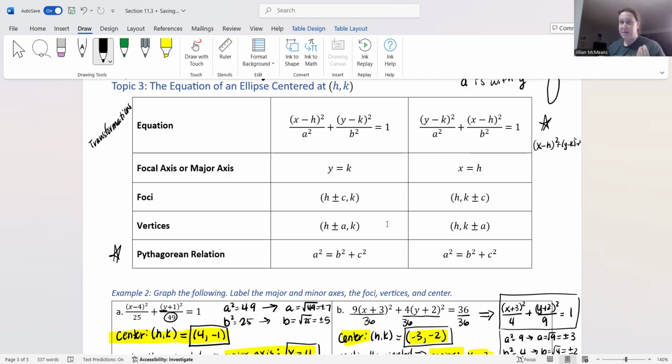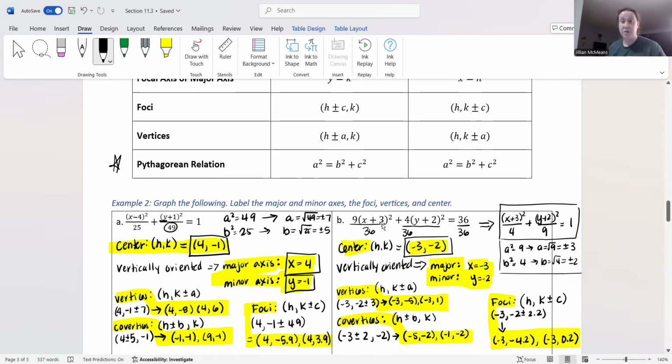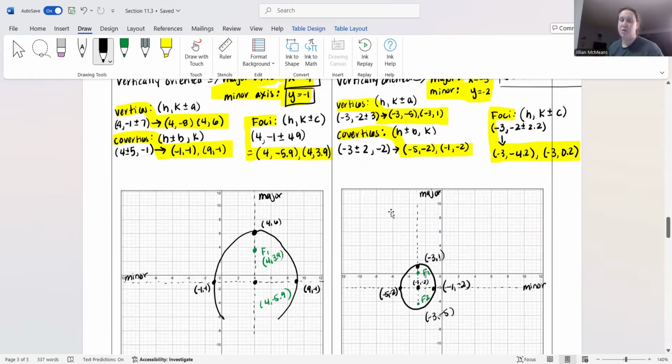So when you see this (x minus h) squared, (y minus k) squared, this is not a circle because of those denominators, but we feel very circular, okay? And when you were back in 171, in that chapter on circles, you would have general form of a circle, which was basically that circle multiplied out, and you had to put it back in standard form. That's kind of similar to what we're doing here.